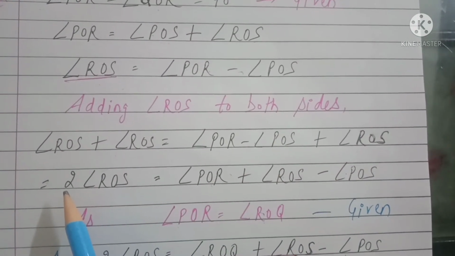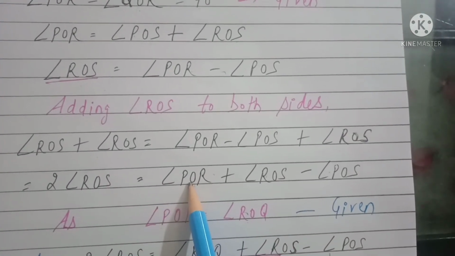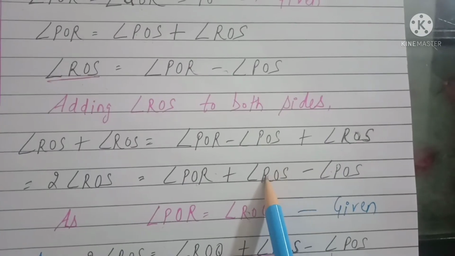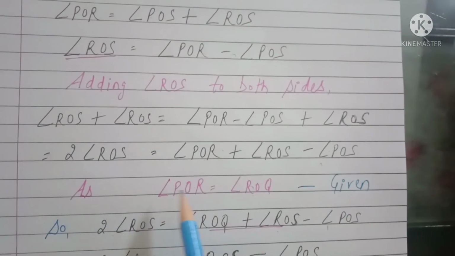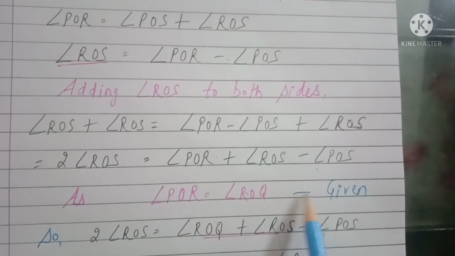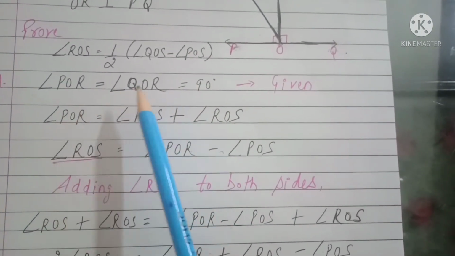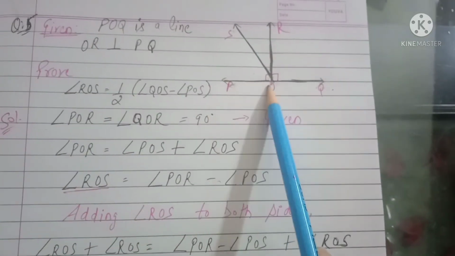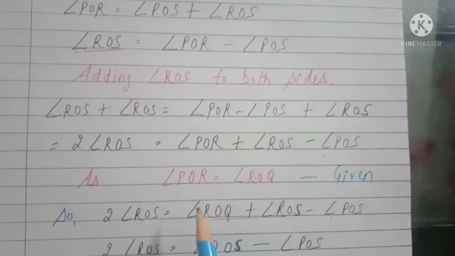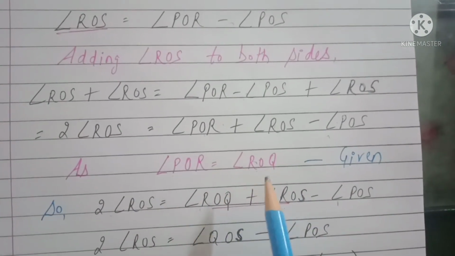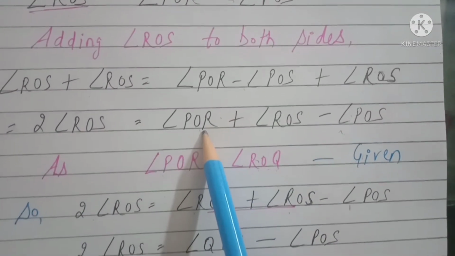Here this is twice angle ROS is equal to angle POR plus angle ROS minus angle POS. As POR is equal to ROQ, it is given. Here angle POR is equal to QOR. So we can write ROQ in place of POR.